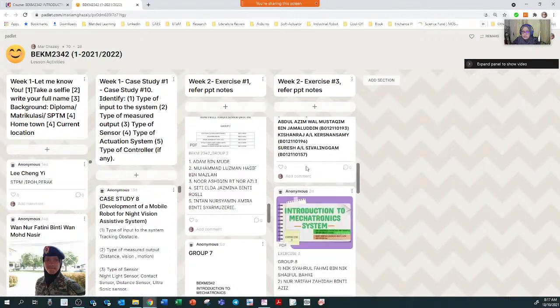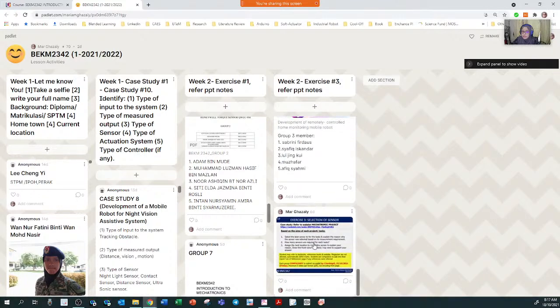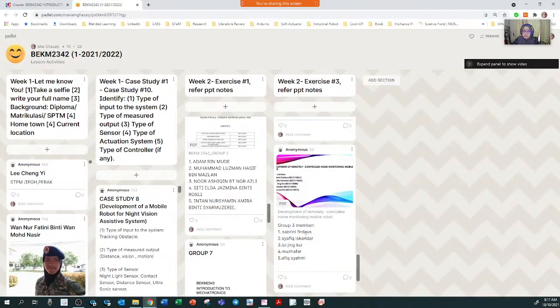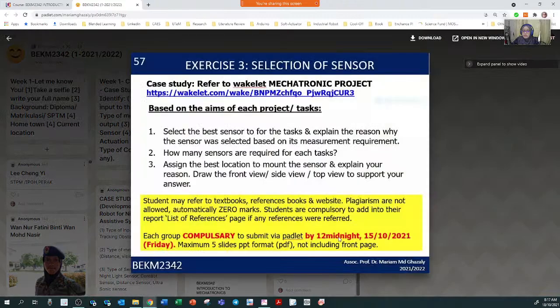In exercise number 3, you were given a case study, basically 10 case studies. Based on the case study, even though it doesn't explain what type of output you measure, from the video you should be able to determine what the measured outputs are, and what the things are that you control.